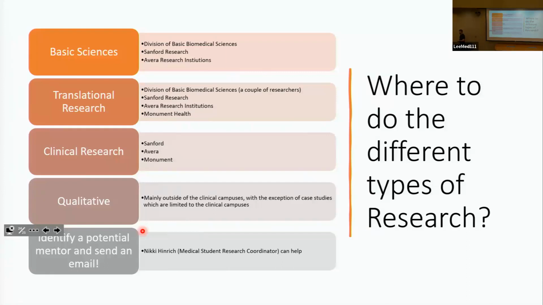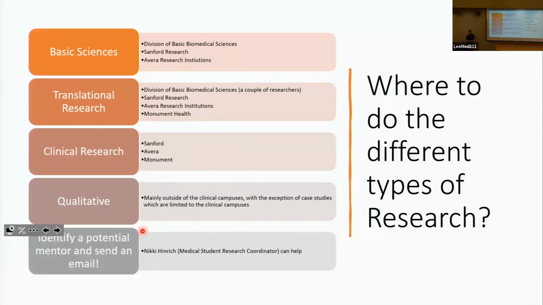But the big take home here is, once you have identified a potential mentor, certainly feel free to send them an email. Say what it is that you like about their research. Say, oh, I was on your website, or I saw your paper, or whatever the case may be, and I really have interests in whatever you're interested in. I'd love to arrange a time to chat about the potential for me to be involved in some of that research.